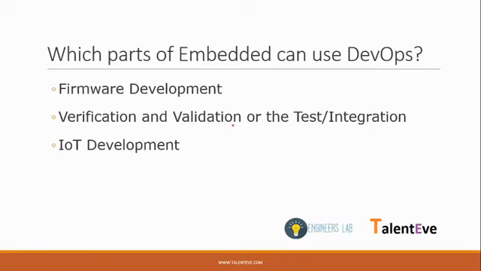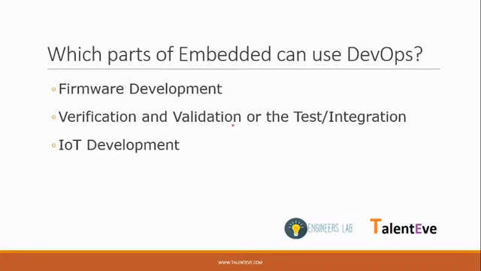And finally, IoT development. IoT development comprises different teams. It could be hardware, it could be firmware, it could be software, so in the software, cloud or any application, small scripts from the test, verification and validation teams. So on the IoT side, we can say it is a mix of things.